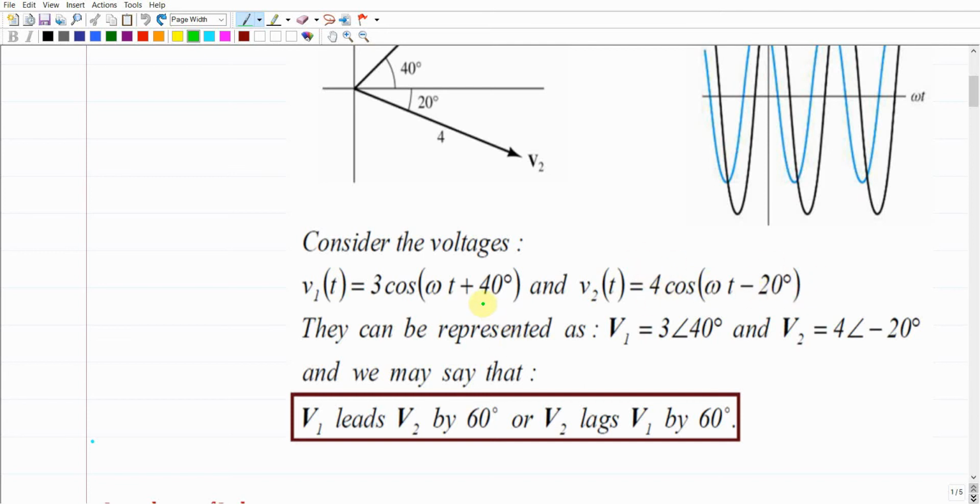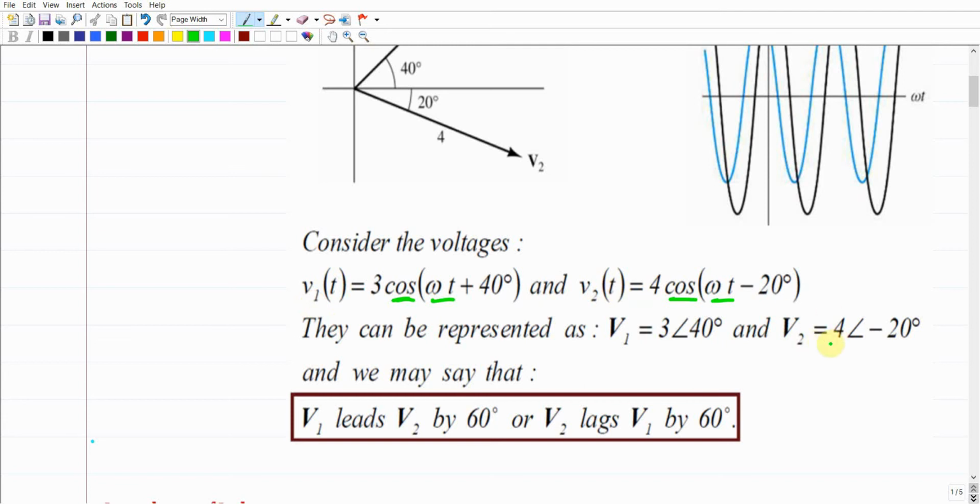If we decided to convert the sinusoidal form into a phasor form, your objective is just to drop the omega t and drop the cosine, making sure both functions are cosine with the same omega t. Drop these two things and just use the peak, which is 3, and put the angle as 40 degrees. So this is the phasor form of the original sinusoidal form of V1.